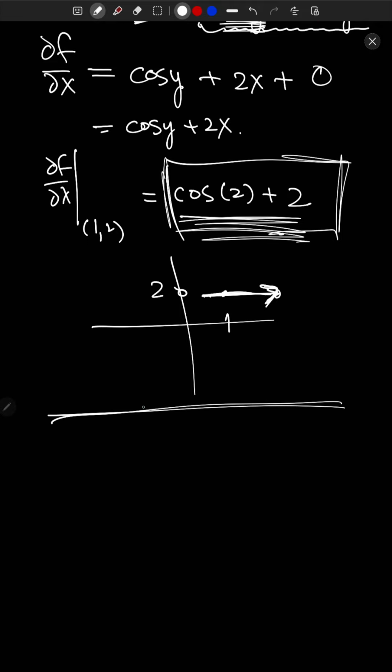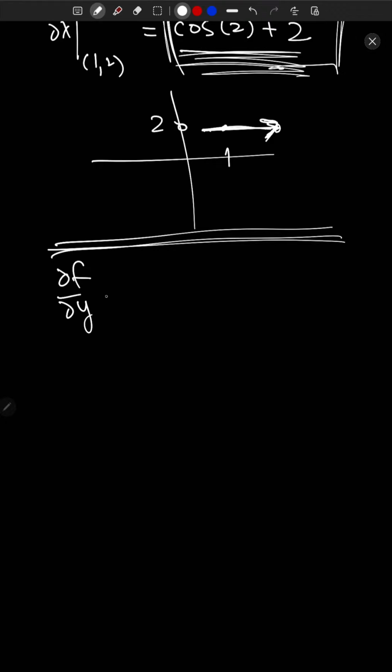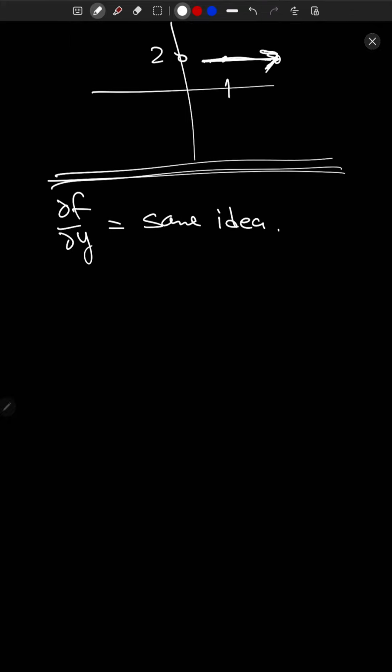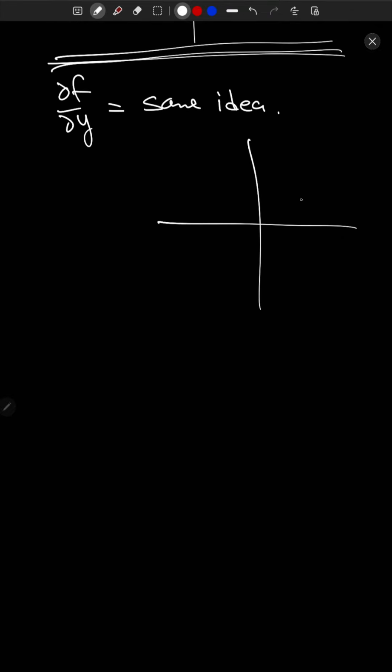Now we have f depending on x. We also have f depending on y. What is df dy? Well, same idea. If we were looking at our point a comma b like above, instead of looking at how our function changes as we move left and right, we're thinking now about how our function changes as we move up and down in the y direction.